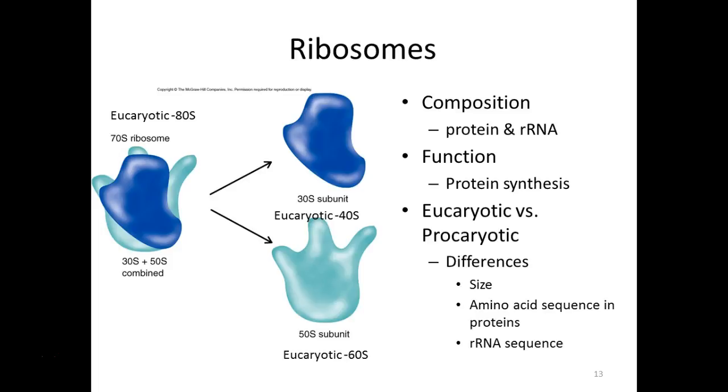That's how we ended up with those two separate domains for those prokaryotes. And the really interesting thing here, and one of the reasons why scientists believe that mitochondria and chloroplasts were once free-living prokaryotes, is that their ribosomes are prokaryotic. In our mitochondria, you have prokaryotic ribosomes and their own DNA.